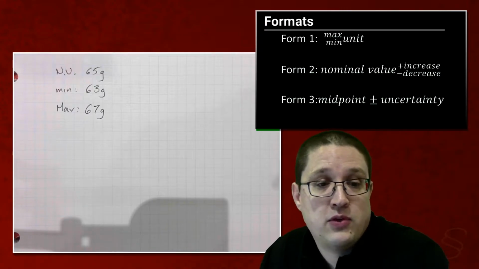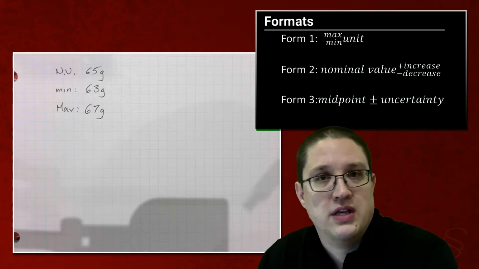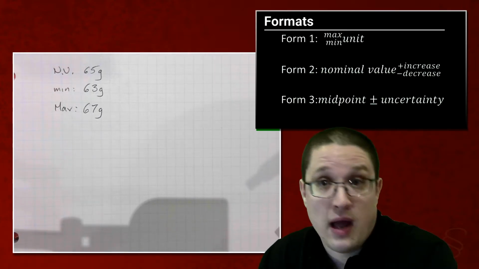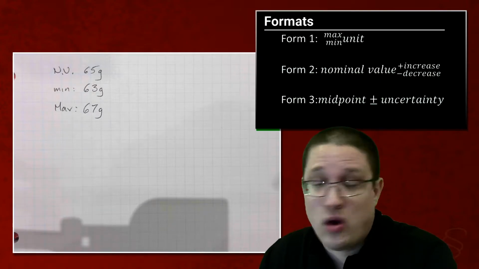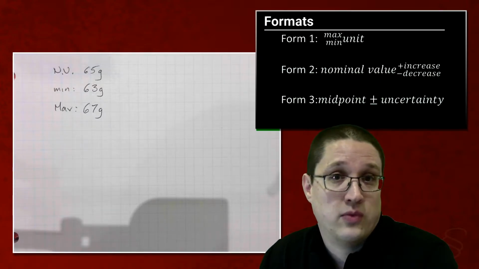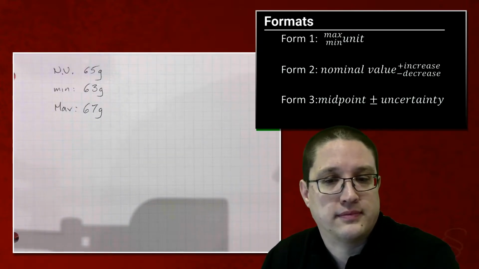So anything in between 63 and 67 grams, we would accept as being close enough. If you actually go measure chocolate bars, they're not exactly the correct weight all of the time. They'll be off by a little bit, but that's okay.